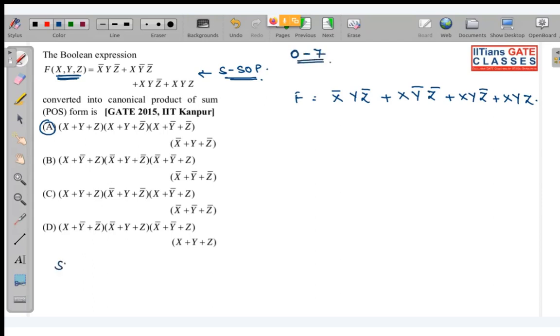And I told you, in SOP more importance is to 1, and in POS more importance is to 0. So note this down. We are going to discuss why. Or we can discuss it over here also. It's no big deal.